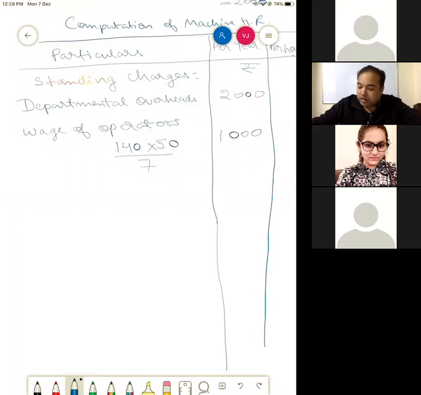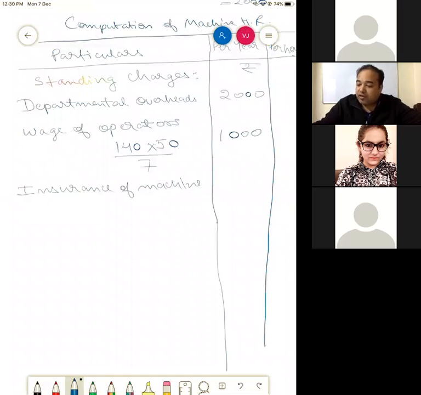We get rupees 1000. Next is your insurance of machine. Now see point number 7. It says that insurance of machine is 1% per annum.